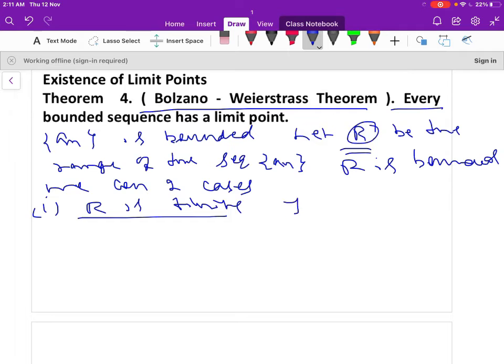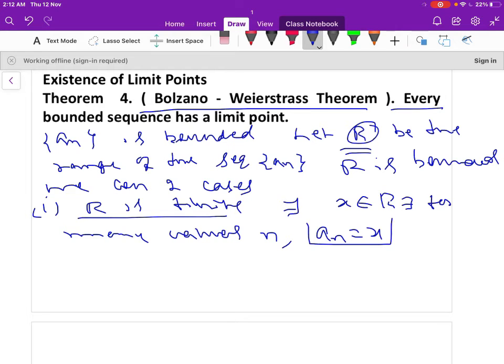If R is finite, there exists an element x belonging to R, where R is the range of the sequence, such that a_n is equal to x for infinitely many values of n.